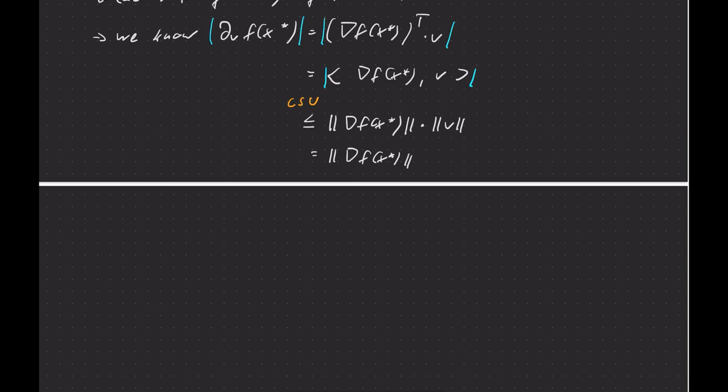So the norm of the gradient is an upper bound, and the negative norm of the gradient is a lower bound. So plus minus that norm is a bound on the rate of change.